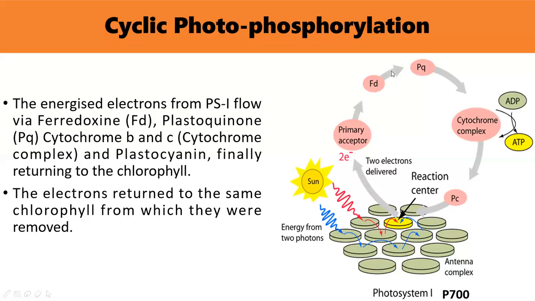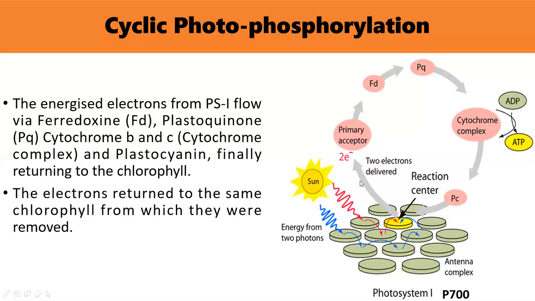While passing through these electron acceptors, they release energy to form ATP. Once the electrons lose their energy, they come back again to the same photosystem.